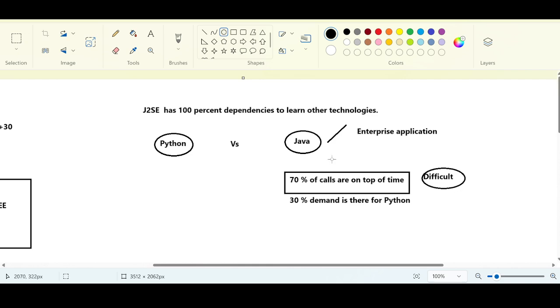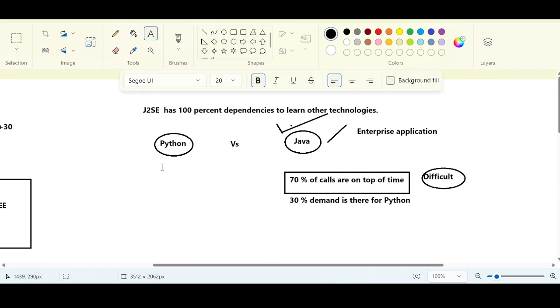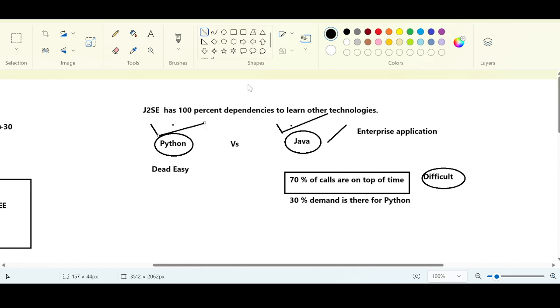It is just like this, guys. If you learn Java, the moment you start learning Java, if you complete J2SE, Python is dead easy. It's just like a cakewalk. But if you learn Python first, then Java will remain difficult. It always will remain difficult.